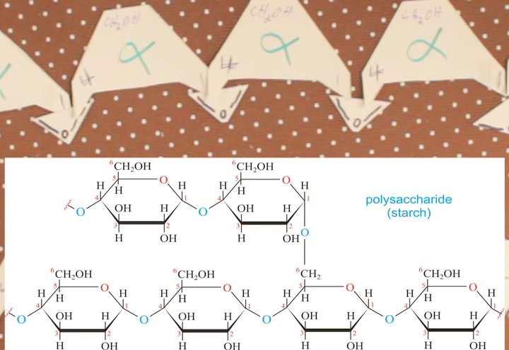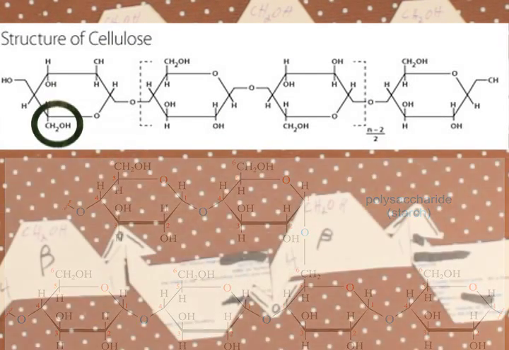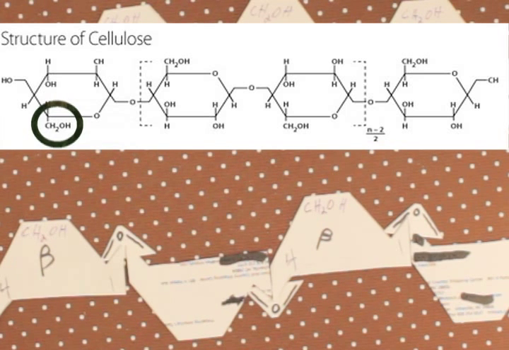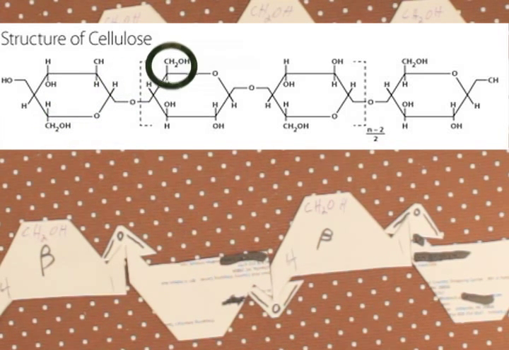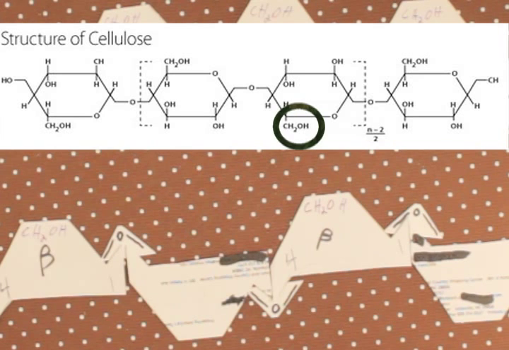And the beta 1,4 is very different. The beta 1,4 is structural. It's called cellulose. It's structural, and things are made out of cellulose: wood and paper and cotton. The fiber in plants, the structure of plants, tends to be cellulose.